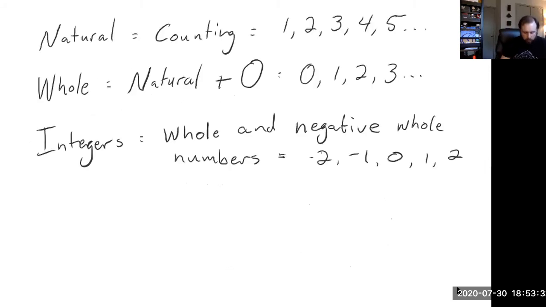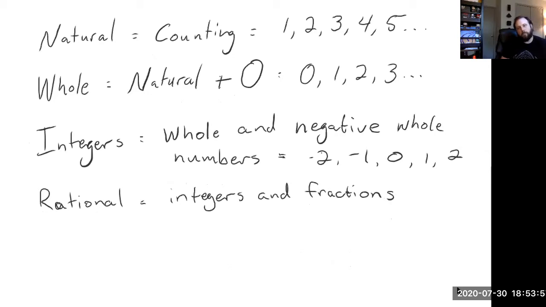So these rational numbers, sorry, not whole numbers, these rational numbers include all of the integers and fractions. So up to this point, we haven't had any decimals. For your rational numbers, this is where we're going to start adding in fractions and decimals.